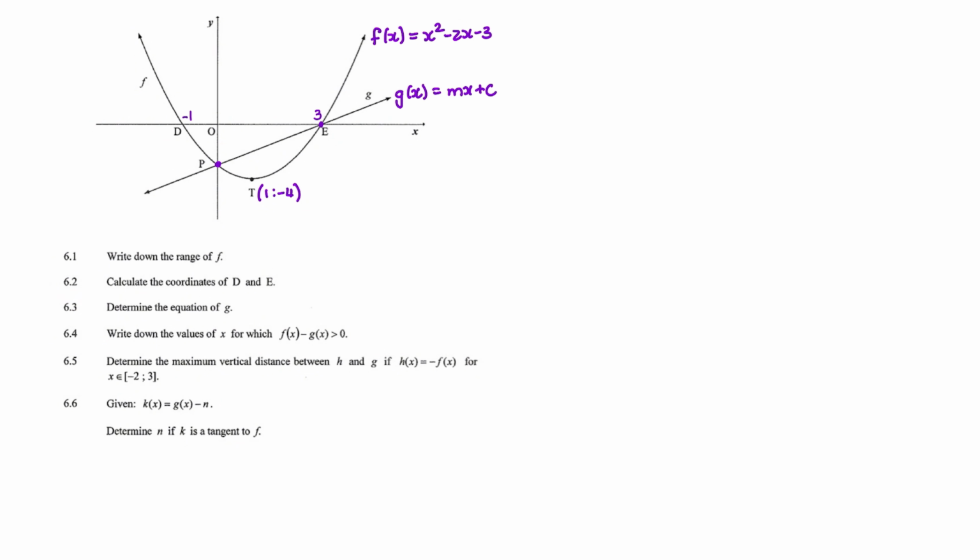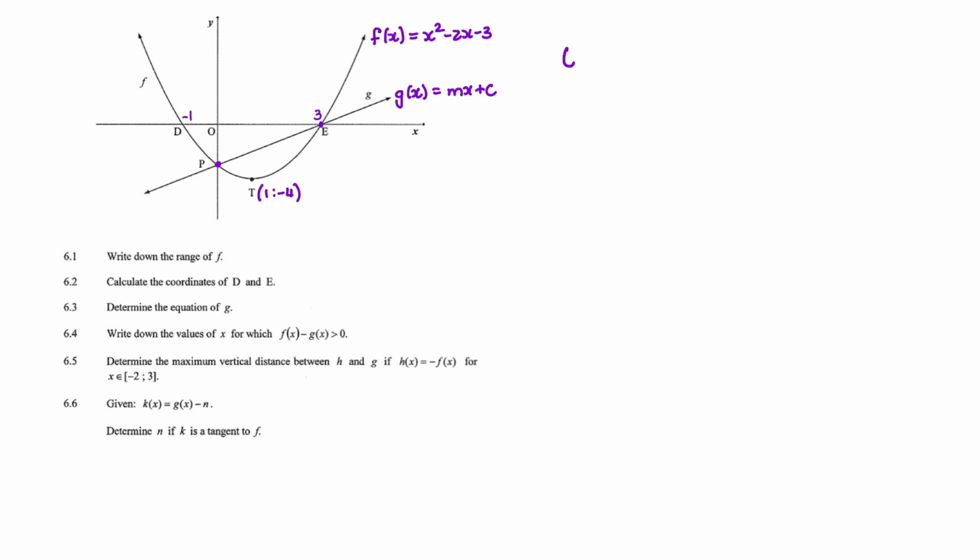Question 6.3. Determine the equation of g. So we have g(x) = mx + c. And I can see I can find the c value if I can find the coordinates of P. Now P is the y-intercept of f(x).